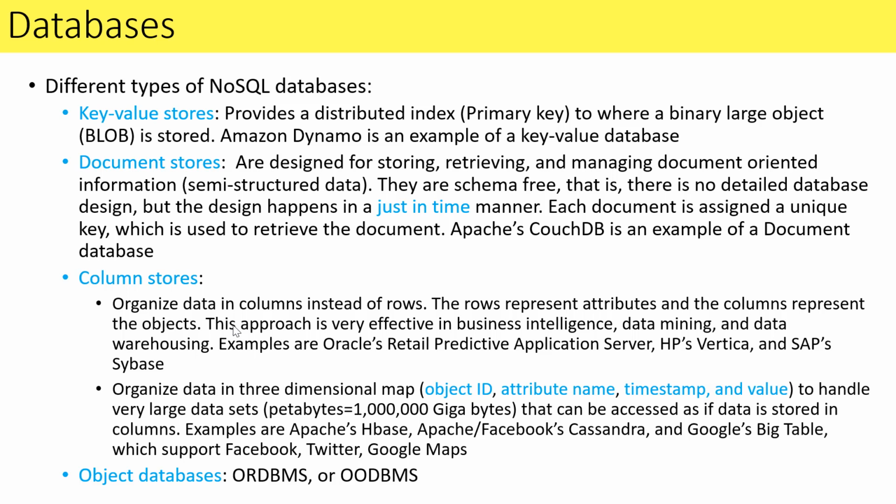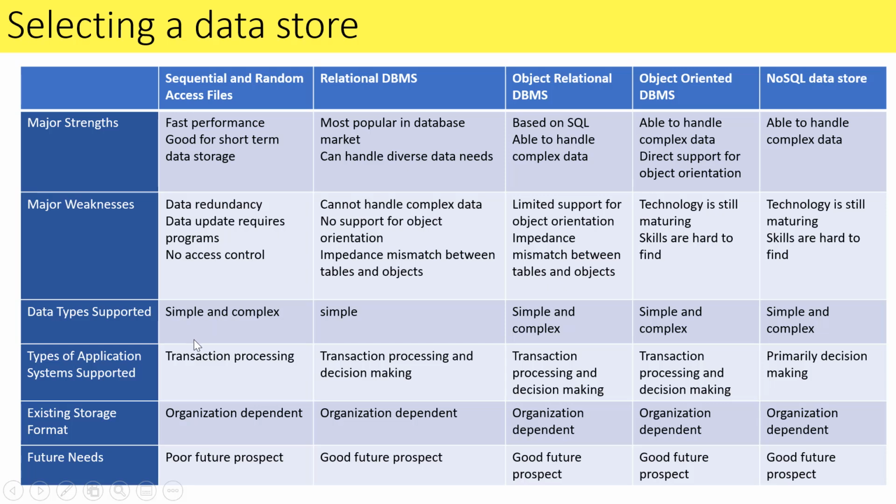The advantage of this type of database is that they are very fast in retrieving data if you are doing business intelligence or creating data analytics, if you are using a database for analytics. And of course, we have object databases, also in the category of NoSQL that I have already talked about.